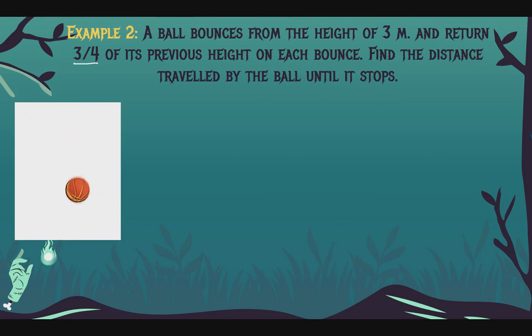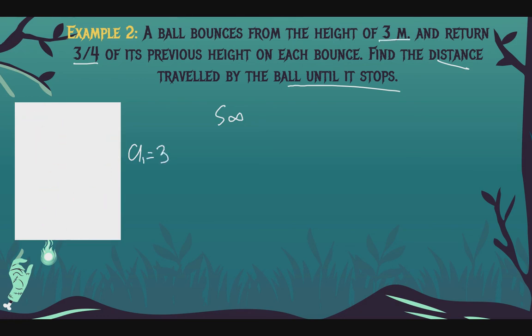So hanapin daw natin yung distance hanggang tumigil yung ating bola. So S sub infinity, identify muna natin ano ang ating A sub 1, 3 meters. Yun yung unang height, and our common ratio is 3/4.